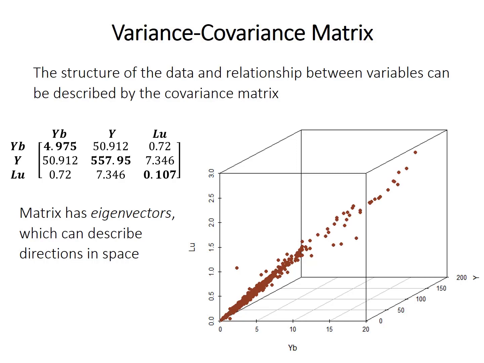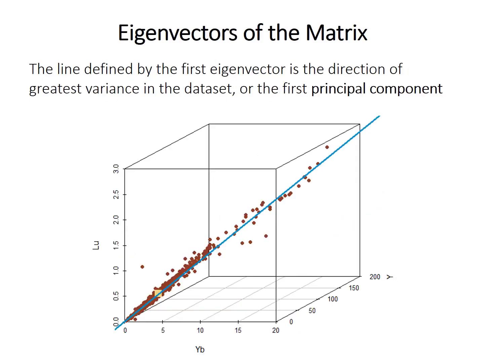I explained eigenvectors in more detail in the previous Mahalanobis distance video, so I won't go into them here. It's not that important, but just remember that matrices have these things called eigenvectors. The important thing really is that the first eigenvector defines a direction in space, and the line along that direction turns out to be the direction of greatest variance through our multidimensional cloud of points. So the first eigenvector is the first principal component in our new coordinate system.